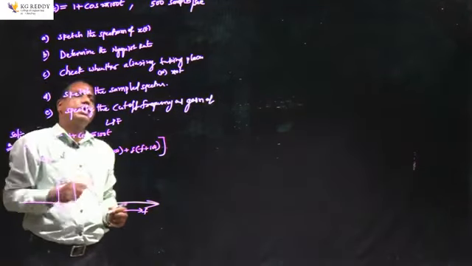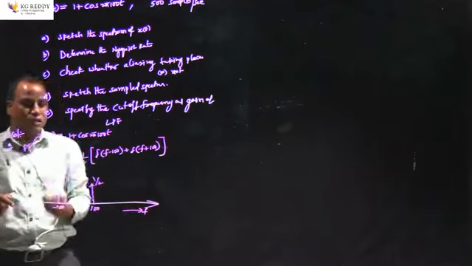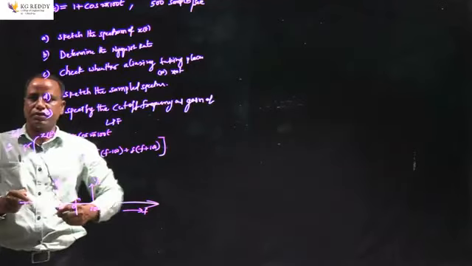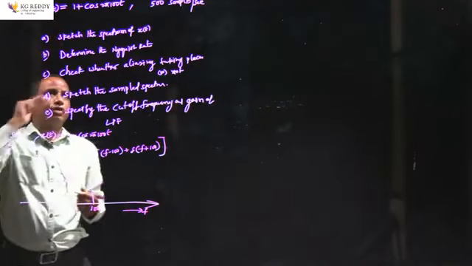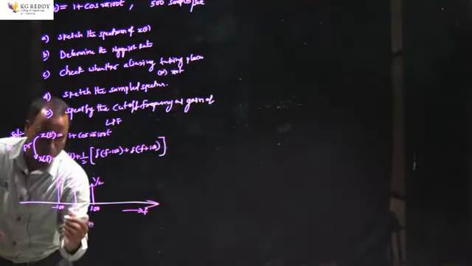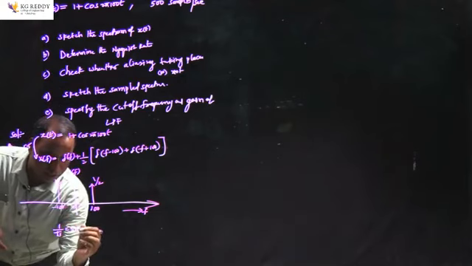And the solution for B, determine the Nyquist rate. What is the Nyquist rate? The minimum sampling rate is the Nyquist rate, as per our discussion. For this particular problem, the sampling rate 1 by Ts is given as 500 samples per second.